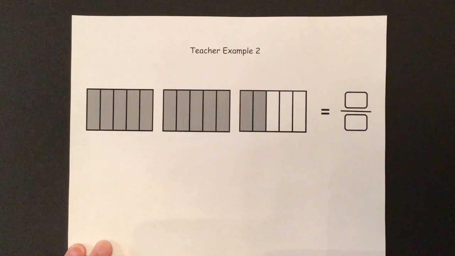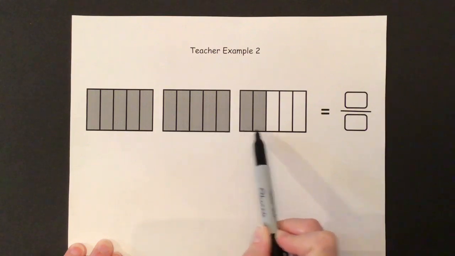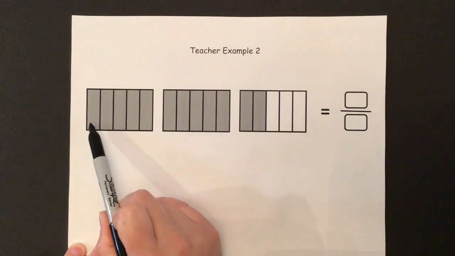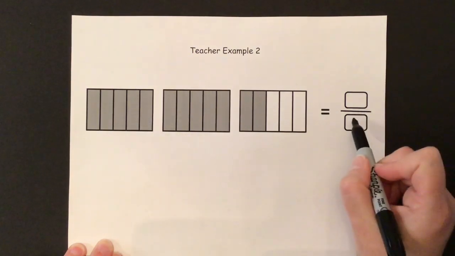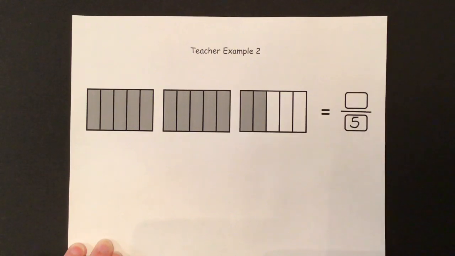Let's look at another example. I can see that this is a whole, this is a whole, and this is a whole. In order to figure out my denominator, I need to count the number of pieces in a whole. So 1, 2, 3, 4, 5. That means that my wholes are divided into fifths. And I'm ready to count the pieces.